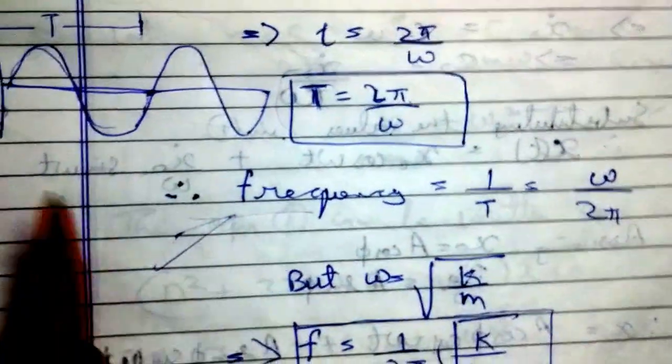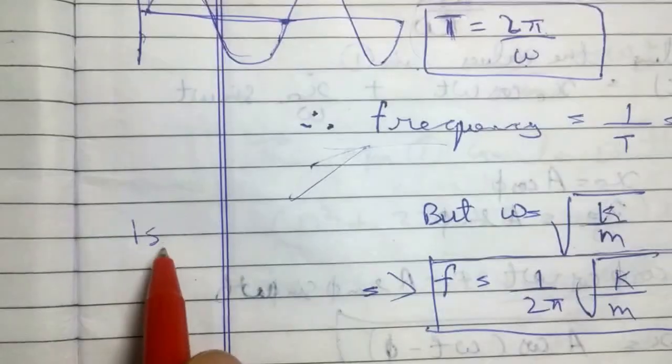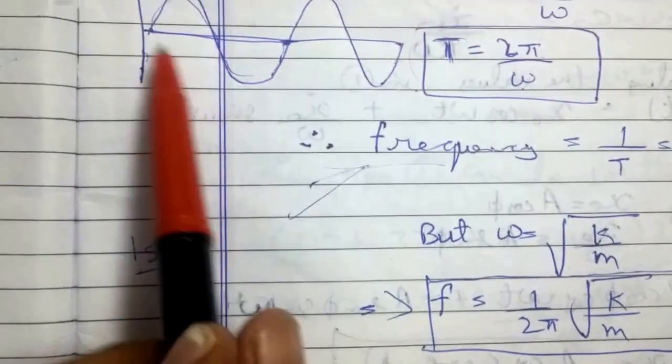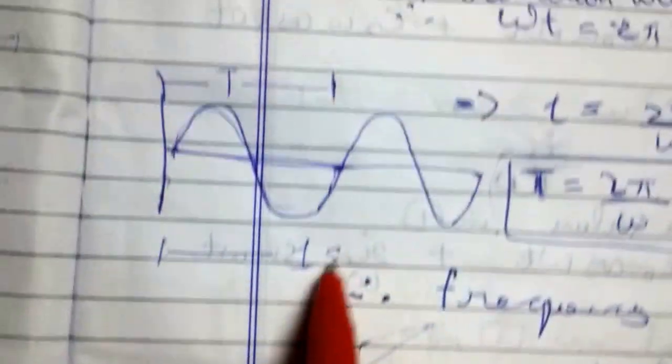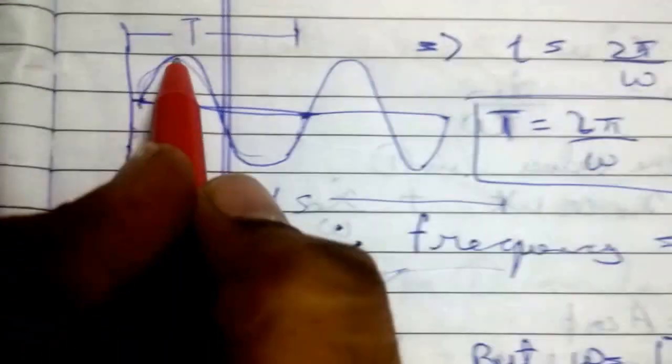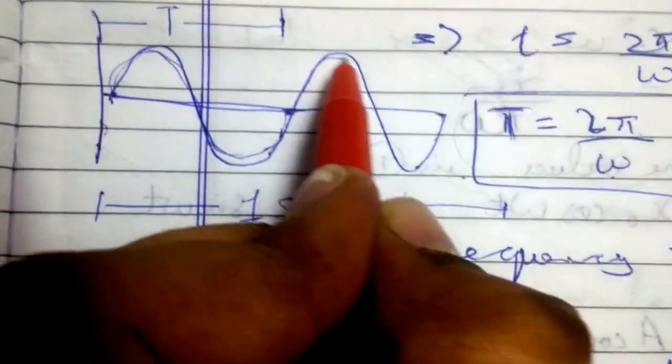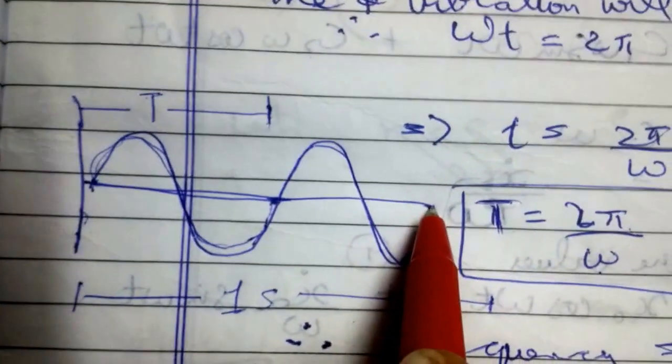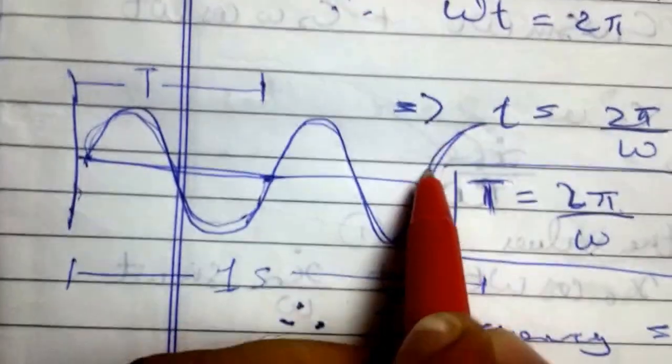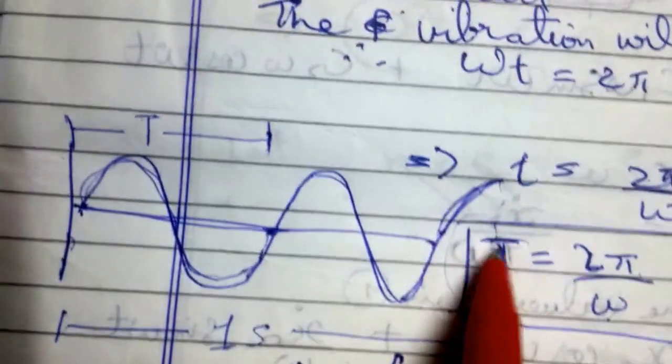The definition of frequency is how many vibrations are taking place per unit time, or per 1 second. Suppose this is a total time of 1 second, and this is one full vibration, then another full vibration, and for the third, only a quarter of the vibration takes place.